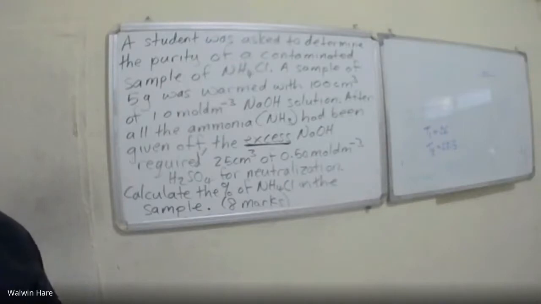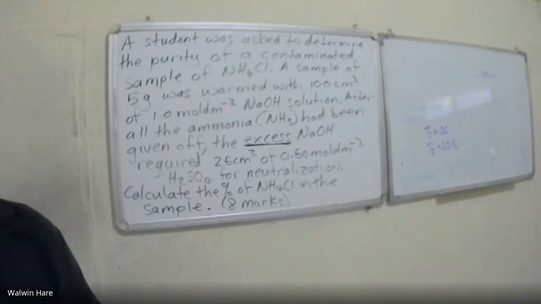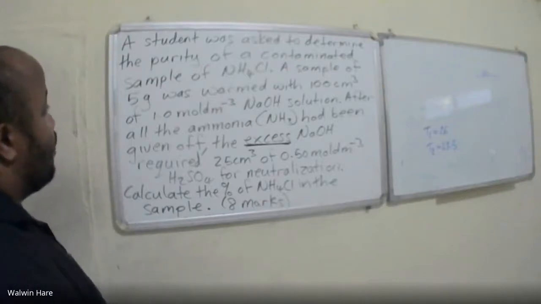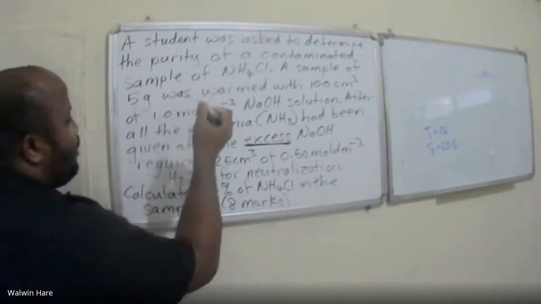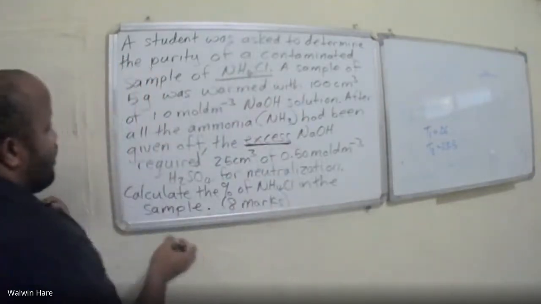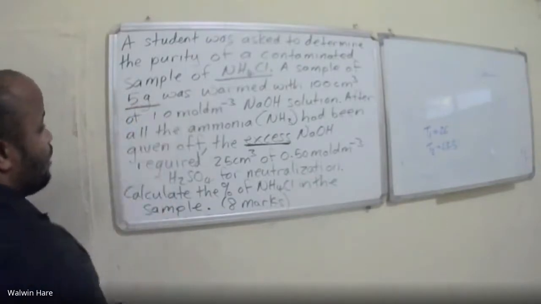All right. Someone said they got 80%. All right, Dominic. All right. So before I erase the question, let us just highlight some information. So we have a contaminated sample of ammonium chloride. They gave us the mass of it, which is 5 grams.